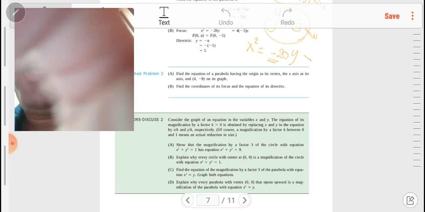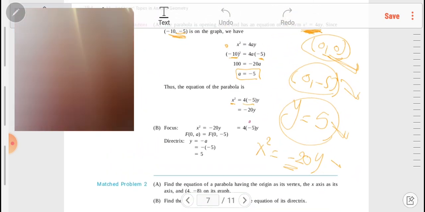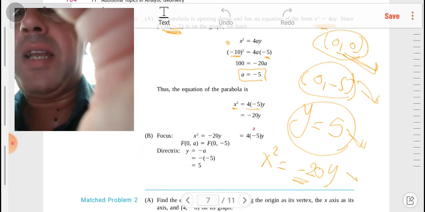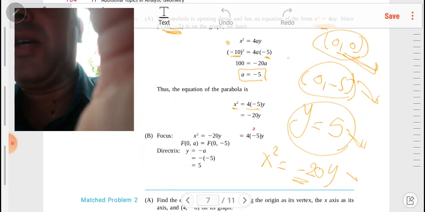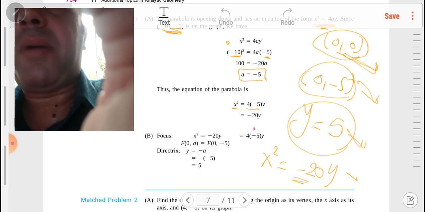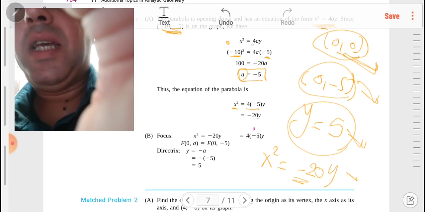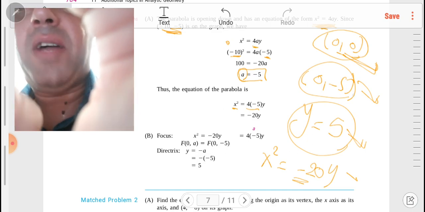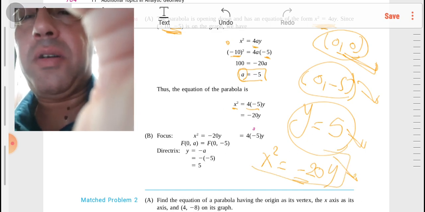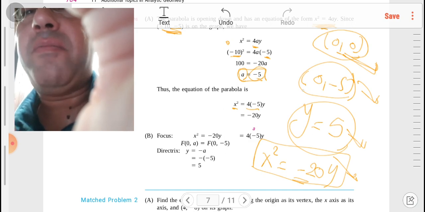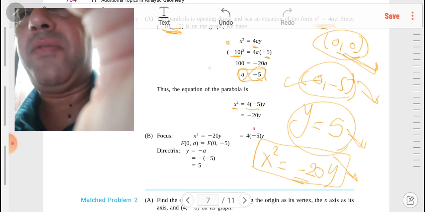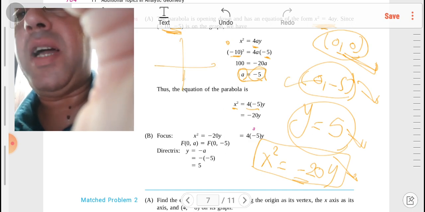So we write the equation of the vertical parabola, x squared equals 4ay, and replace x and y by the point given to determine the value of a. Replace a by negative 5, so we have the equation. A is negative 5, which means the focus is (0, negative 5).